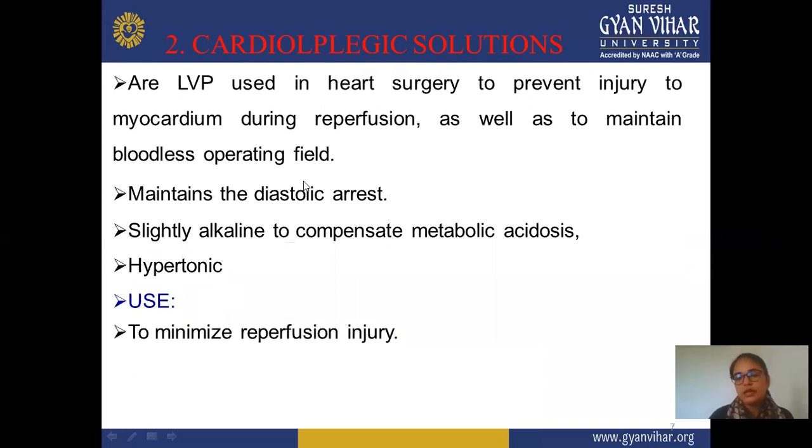Next, second in large volume parenterals is the cardioplegic solution. The cardioplegic solution is a large volume parenteral used in heart surgery to prevent injury to the myocardium during reperfusion. It means it is a large volume parenteral that also has a specific use. It is used if a person has a heart surgery, to prevent injury to the myocardium during reperfusion.